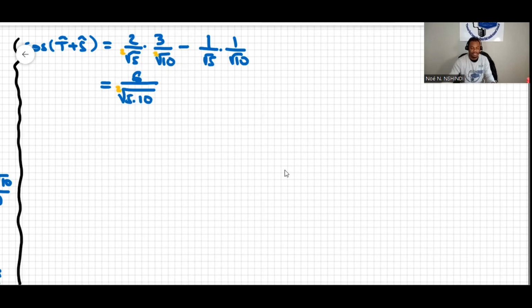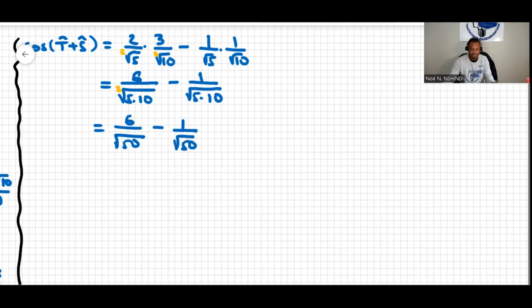And then minus 1 times 1 is 1 over √5 times 10. This makes 6 over √50 minus 1 over square root of 50.